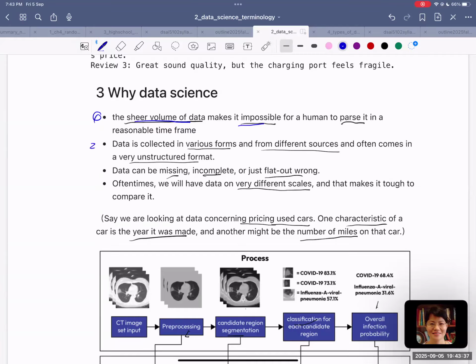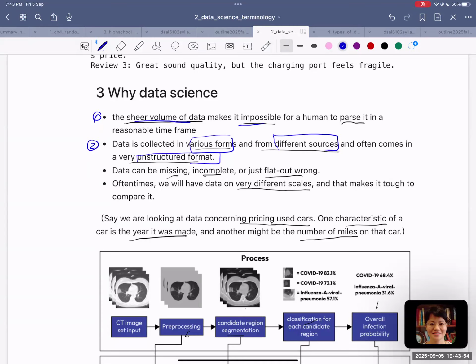The second one: data is collected in various forms and from different sources, and often comes in a very unstructured format. So here it actually raises three questions.